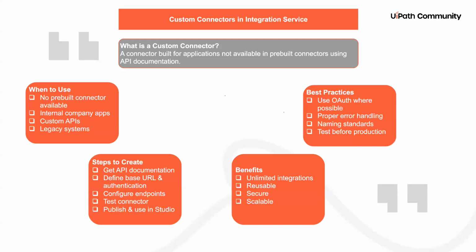There are already pre-built connectors provided by UiPath, which are available in the integration service catalog that Shubham has shown already. Now, when we talk about custom connectors, in case we have any application within our organization, or a third-party application that your use case is using, and you want to integrate that with your automation, and there is an API available for that, you can create your custom connector.